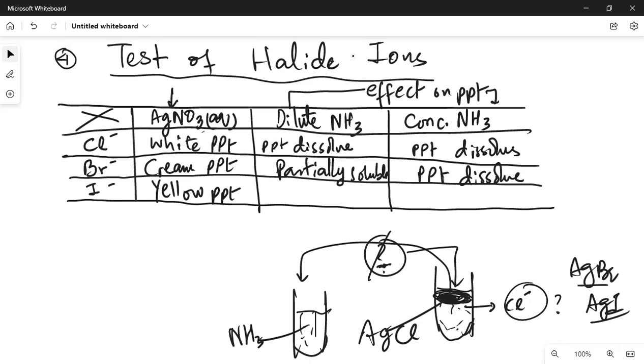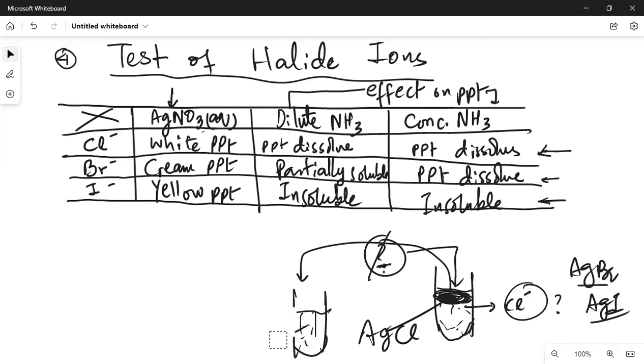Yellow PPT of silver iodide are insoluble in both concentrated or dilute ammonia. तो ये जो precipitates बने थे यहाँ पर silver nitrate से, इनको हमने we put it in ammonia, concentrated or dilute, and we see what happens to the precipitate. Chloride के PPT soluble in both, bromide के concentrated में soluble, dilute में partially soluble, and iodide के insoluble.